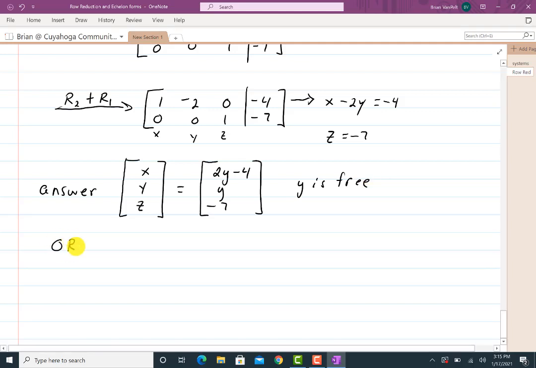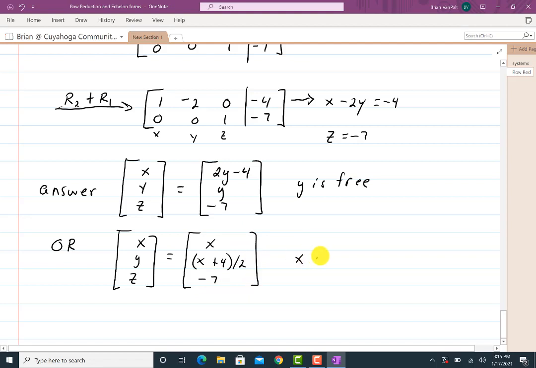Or if instead I had solved for y, I would have gotten 2y equals x plus 4, or in particular, I could leave x be x, and y would have been x plus 4 divided by 2. Z was stuck at -7.